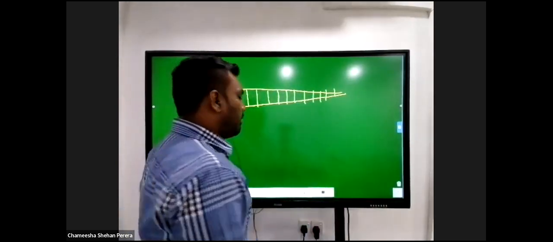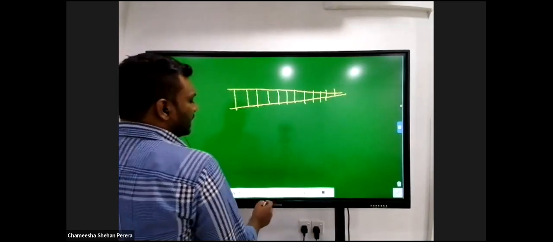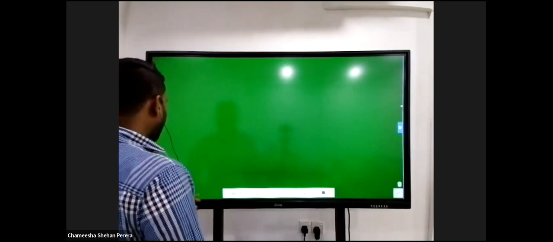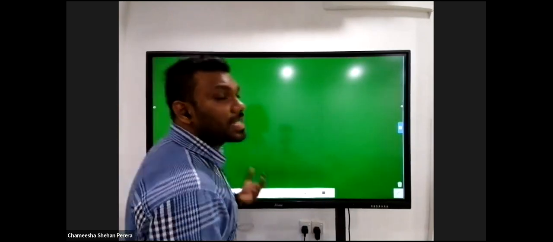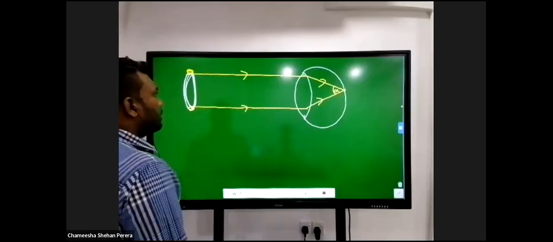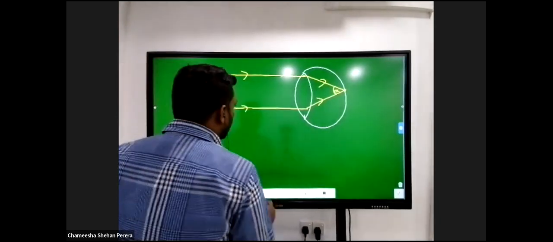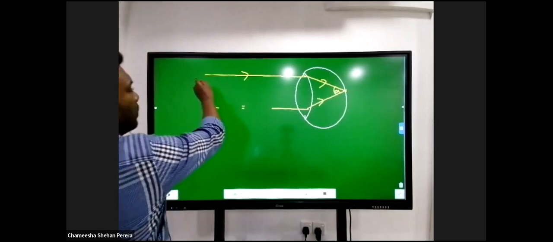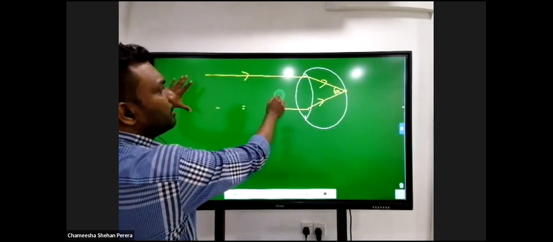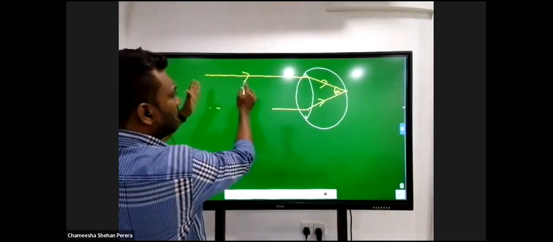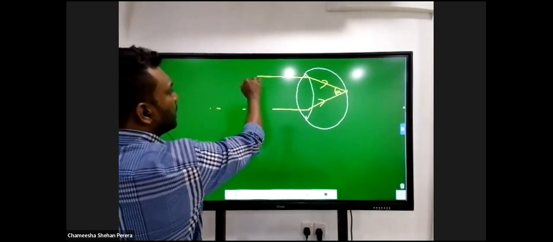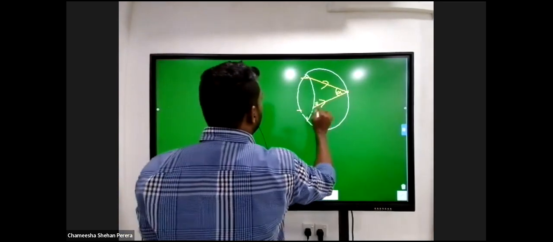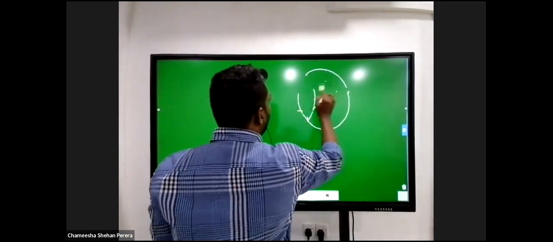So now assume that there's a light ray coming to your eye from a very distant place. The two light rays from the earlier object were parallel because the object was distant but not so very far away, somewhere close.